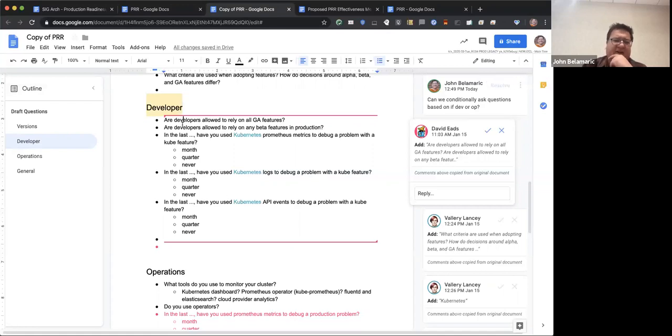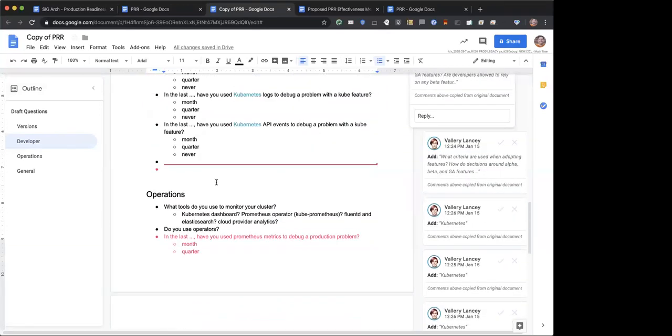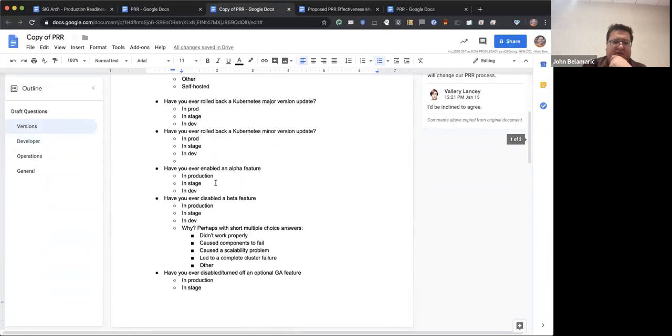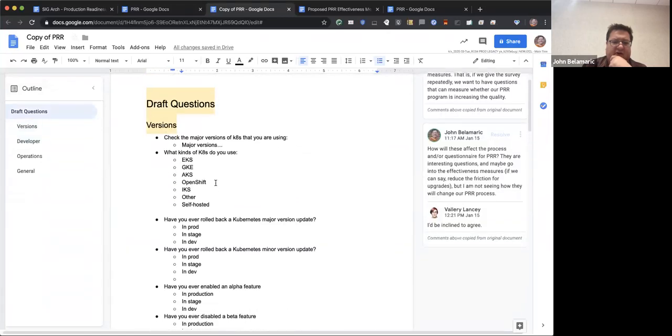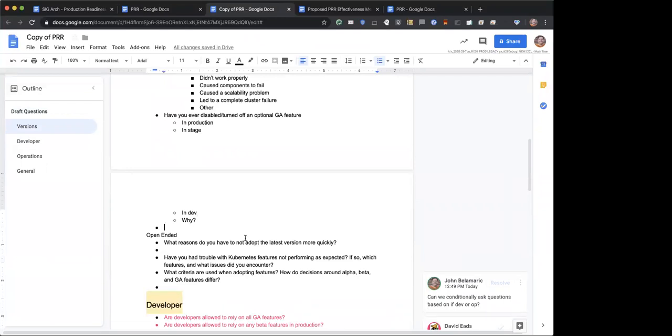And the operators can answer these questions too, right? This is about their policies. So we should have a question like, are you an operator or a dev? I think it's usually described as what best describes your role.